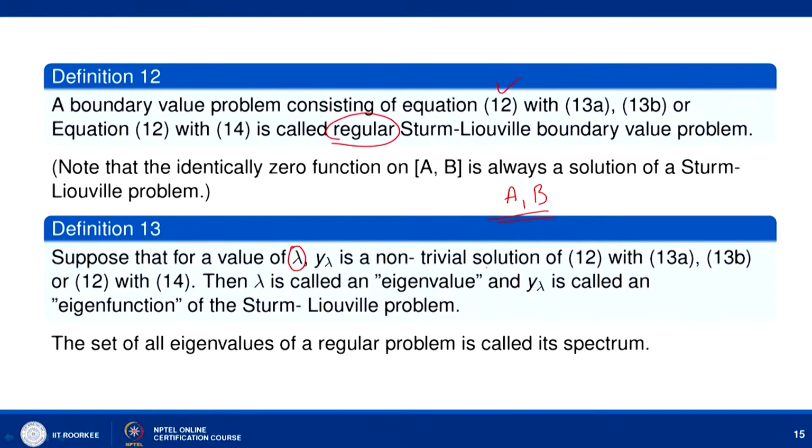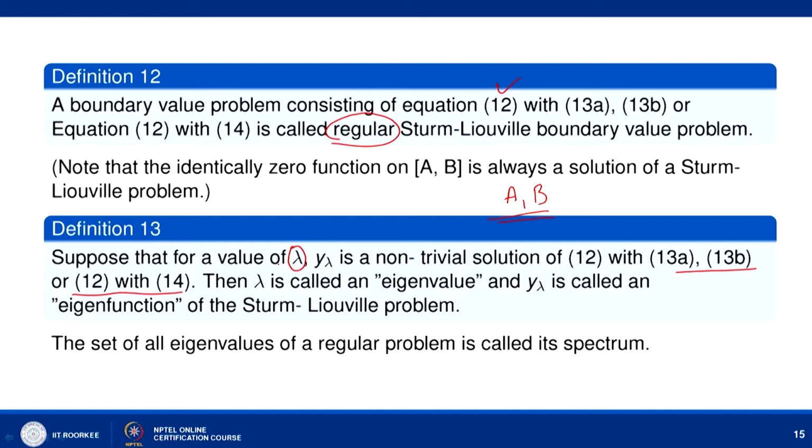So we say that for a value of the parameter lambda, let y lambda be a non-trivial solution of 12 with 13a and 13b, or 12 with 14. Then the value of this parameter for which we have a non-trivial solution is known as an eigenvalue, and the corresponding solution is known as an eigenfunction.